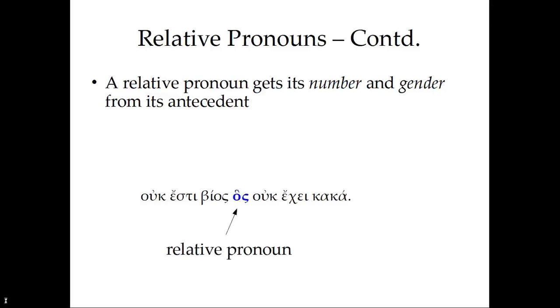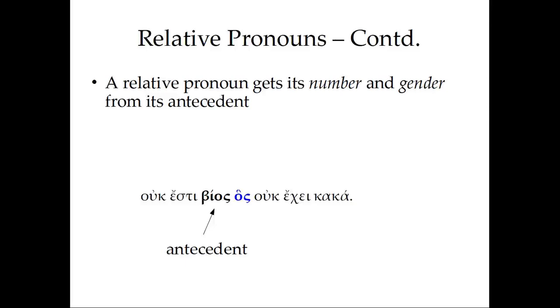So we know a relative pronoun. Hopefully, even at this point, we can spot it. Hos looks just like the nominative masculine singular form of the definite article with that sigma added. It's unambiguously this relative pronoun. And we know our antecedent is right before it. Usually the antecedent will be right before it, just as in English.